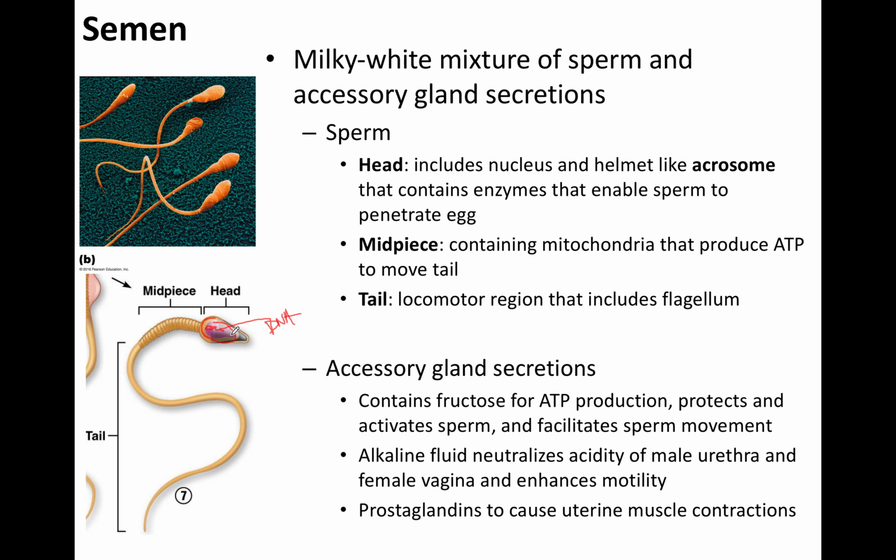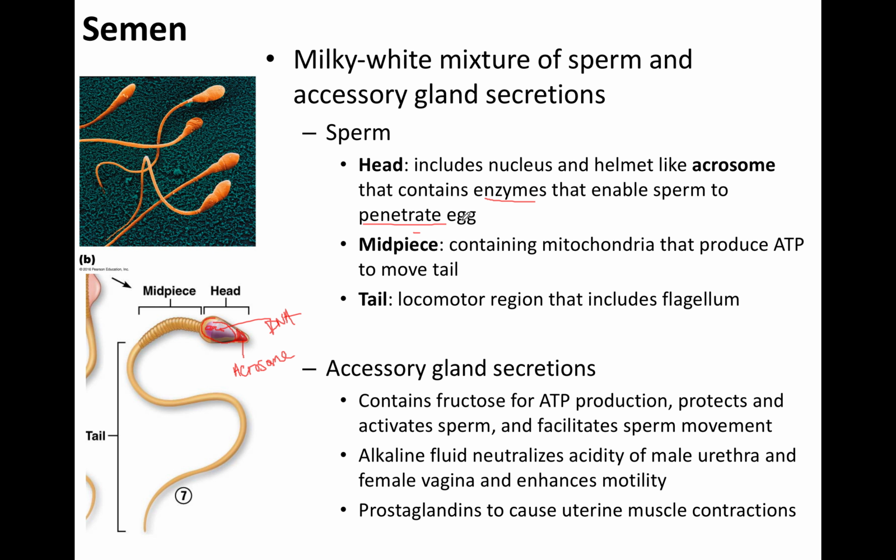Just on the outer portion, right here, basically like the cap of the sperm is going to be the acrosome, which is going to contain enzymes that help to penetrate the egg.